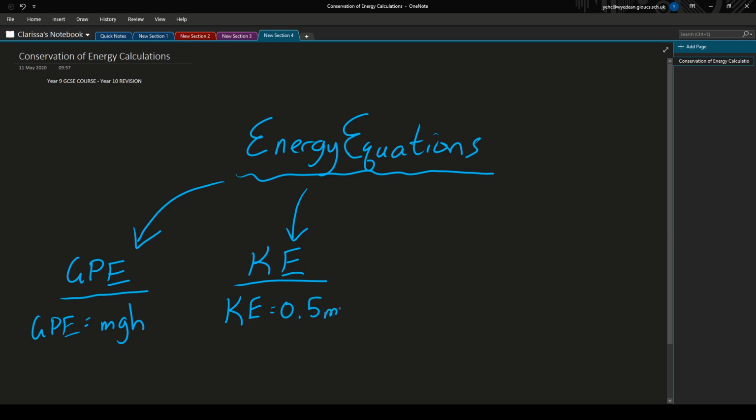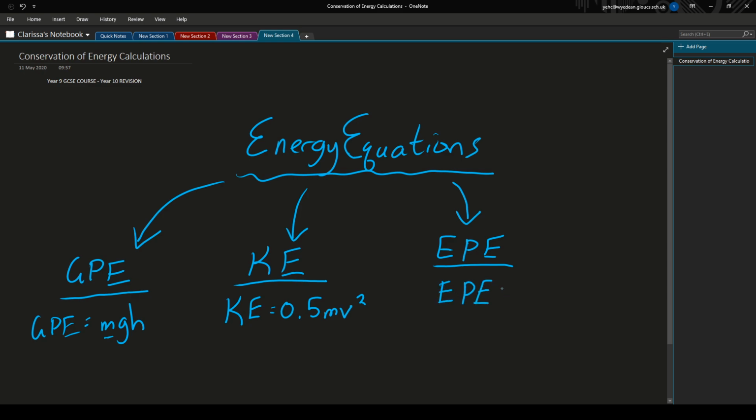That's K equals 0.5 mv squared. Remember, m is always mass, g is gravitational field strength, h is height, v is speed or velocity. And then we also had the elastic potential energy, so energy stored in a stretched or compressed object.